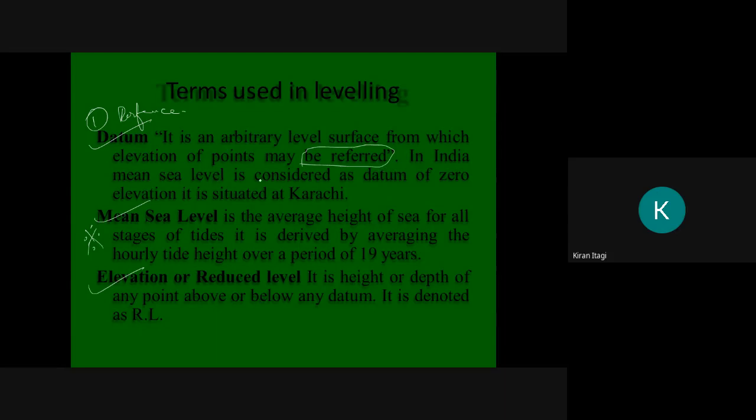In India, mean sea level is considered as datum, of zero elevation, and it is situated at Karachi. Then what is mean sea level? It is the average height of the sea for all stages of tides. Just remember, for all stages of tides, it is derived by averaging the hourly tides over a period of 19 years. For this one I have a picture, and I will show you instead of showing it here.